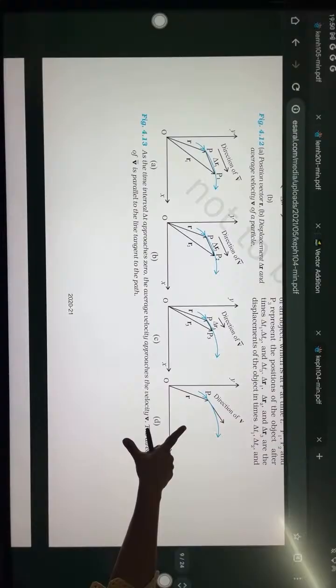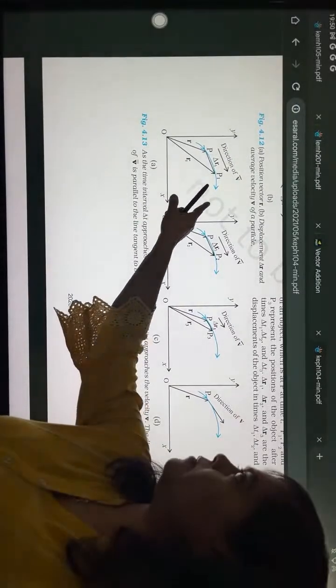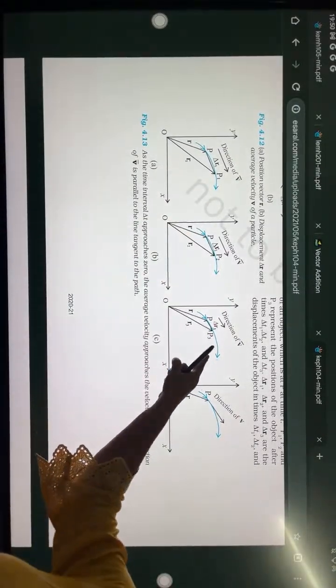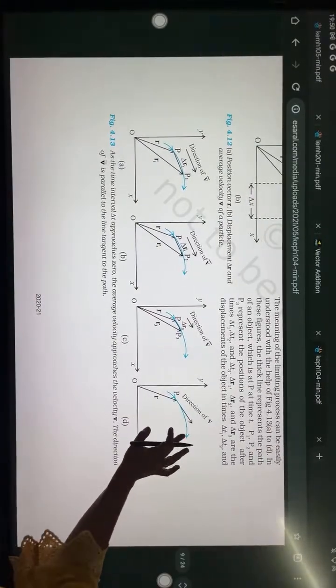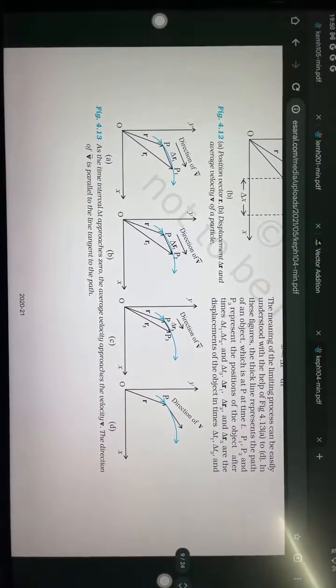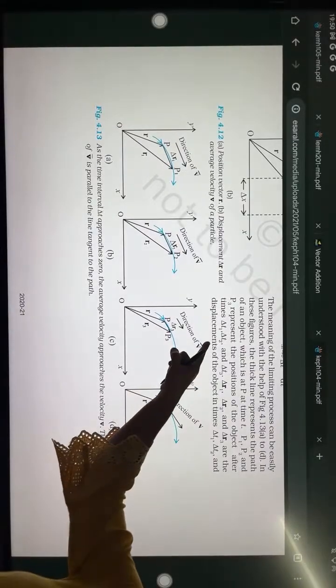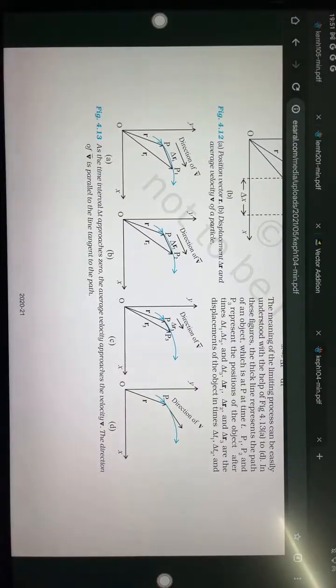See this? What is the direction it is given, right? P to P1, P to P2 and P to P3, like this direction of P. So it is given and then it is discussed over here. P1, P2, P3 represent the position of the object after times delta T1, delta T2, delta T3, delta T4, like that it is recorded.